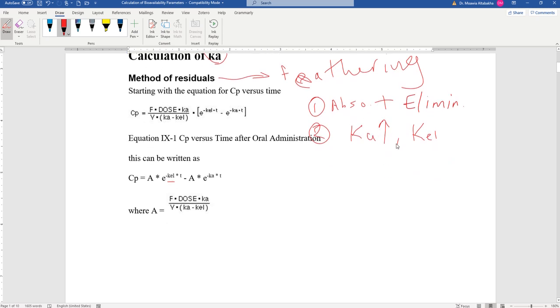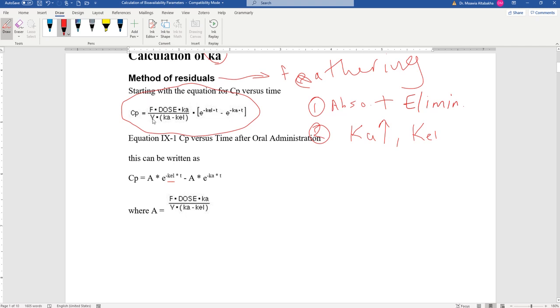Now you will know why we are talking about one rate being much higher. If you remember the equation that allows us to calculate the concentration of the drug at any time following oral or extravascular administration, this is the equation.